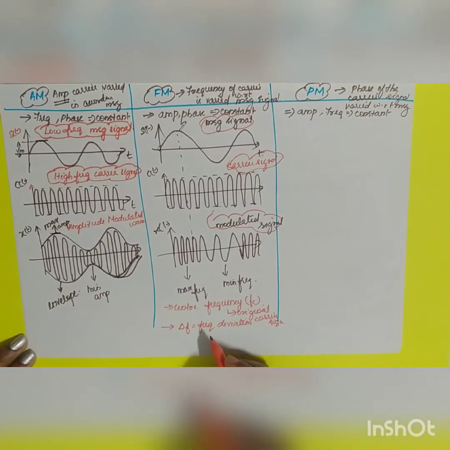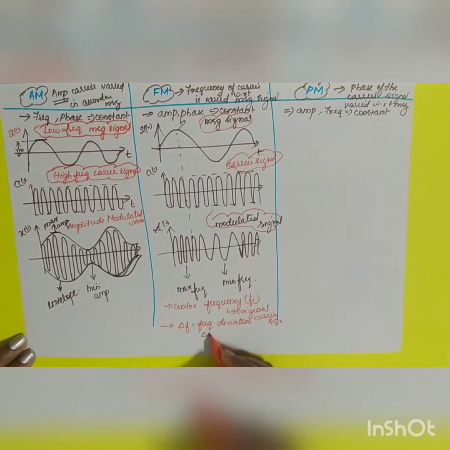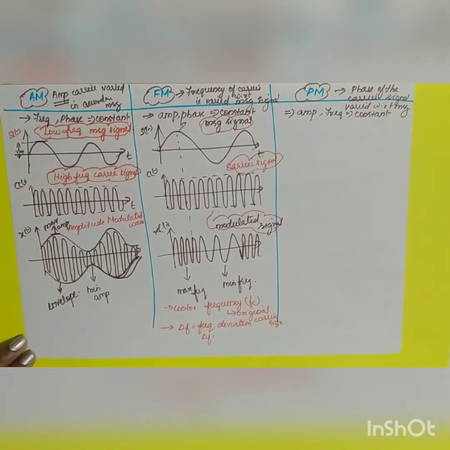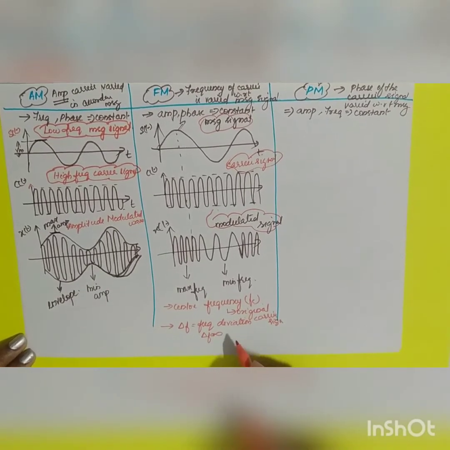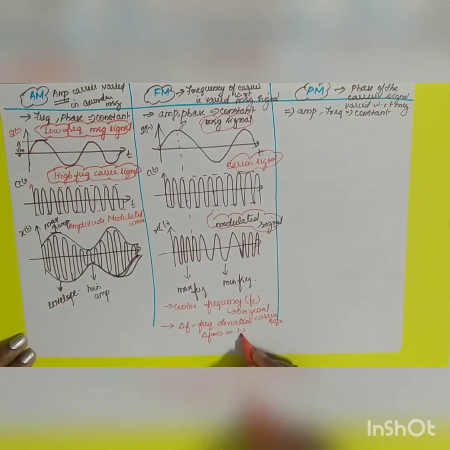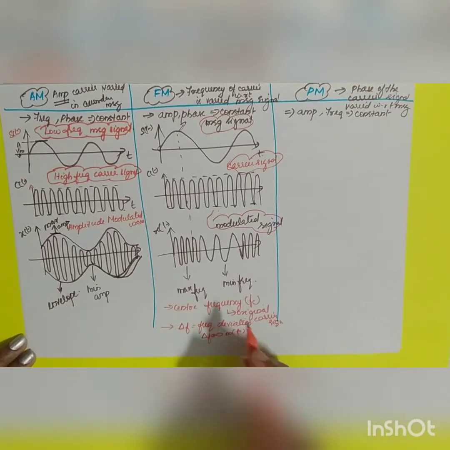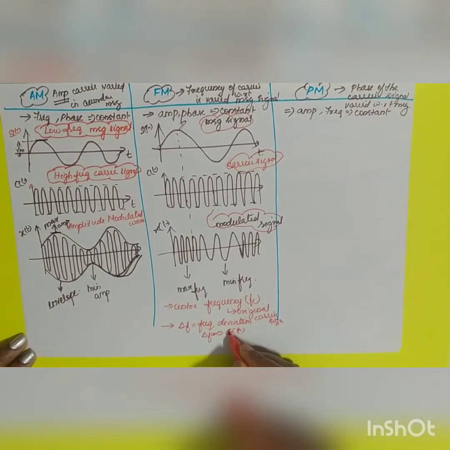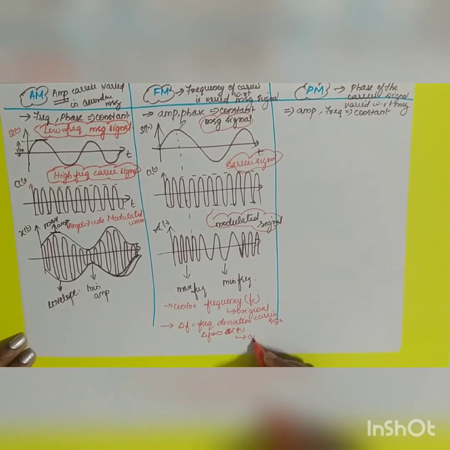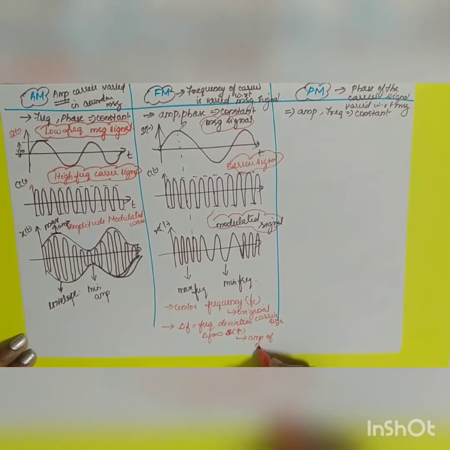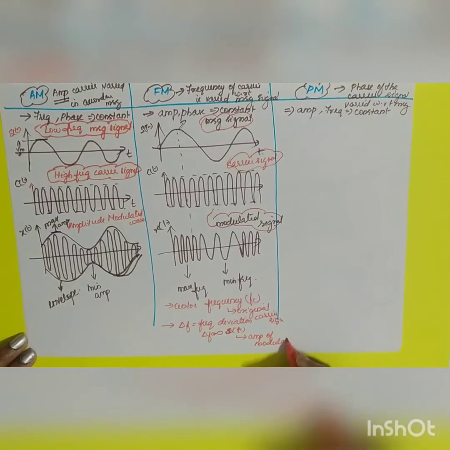So this del f is equal to constant kf into am. So I can tell that this del f is directly proportional to the amplitude of the modulating signal m of t. In this case m of t is nothing but s of t. So it is directly proportional to the amplitude of the modulating signal.